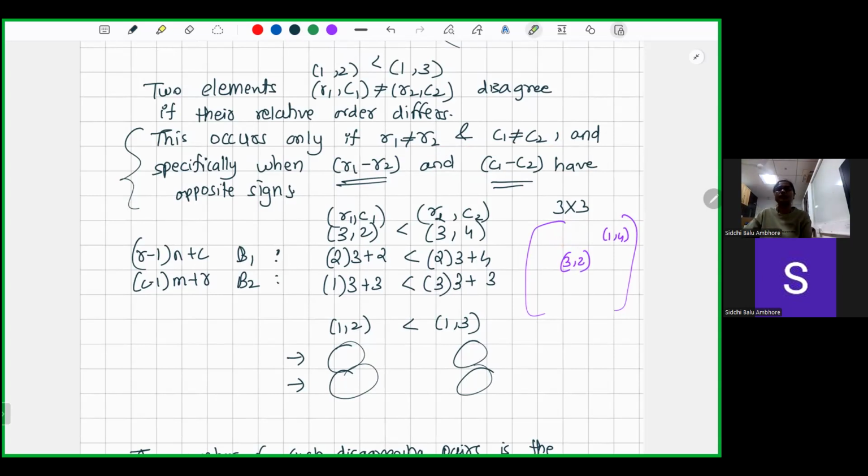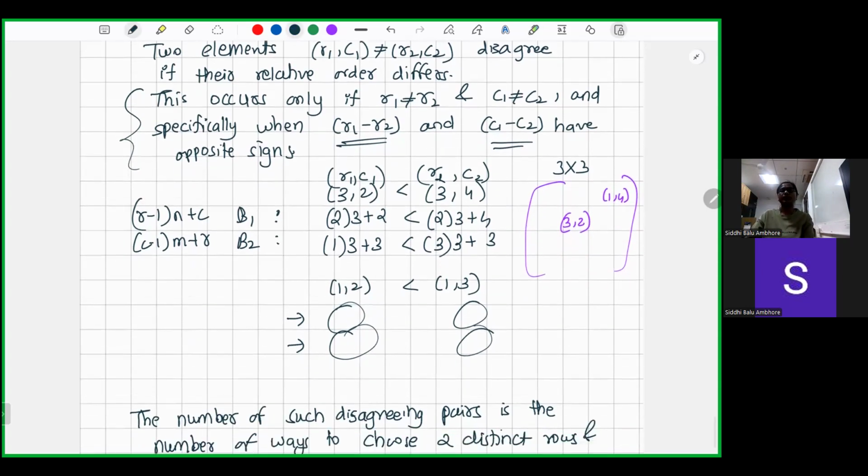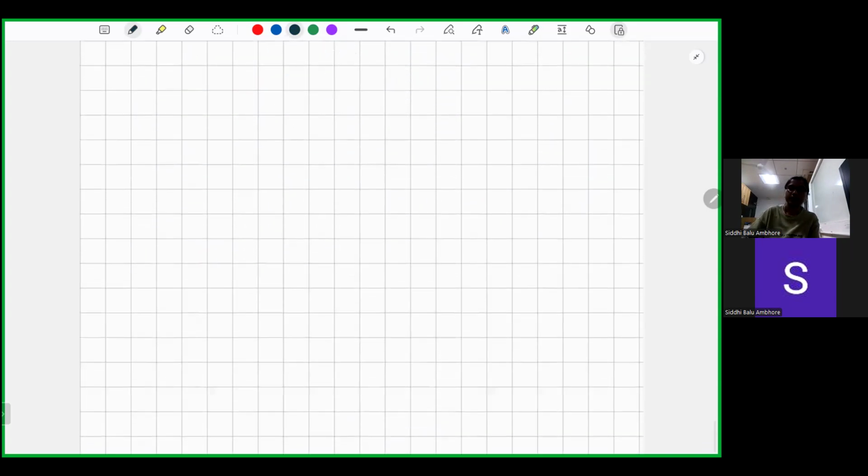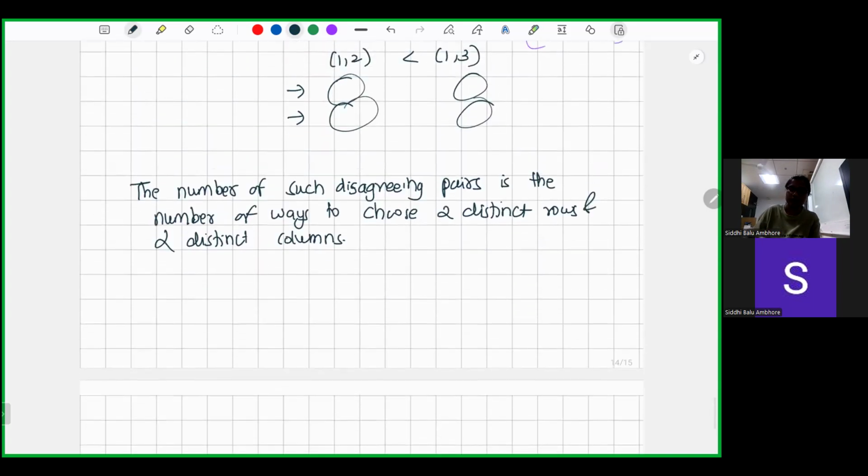The 1 1 and 2 2 case. This 1 1, and if I have 2 3, in both the cases it will travel from here to here, and even in column it will travel from here to here. So what I want is to choose different pairs, the number of such disagreement pairs. So yeah, that's what this statement means.